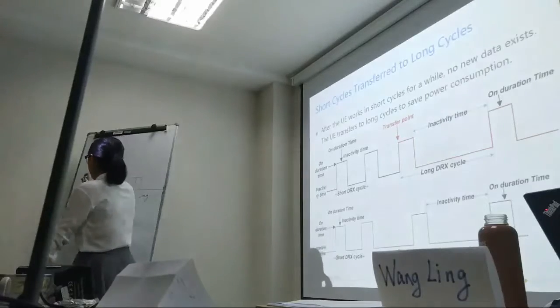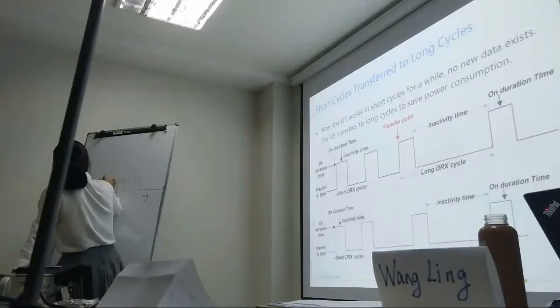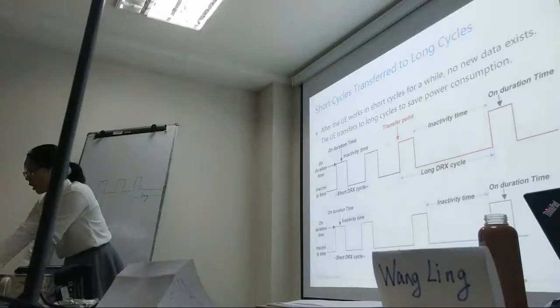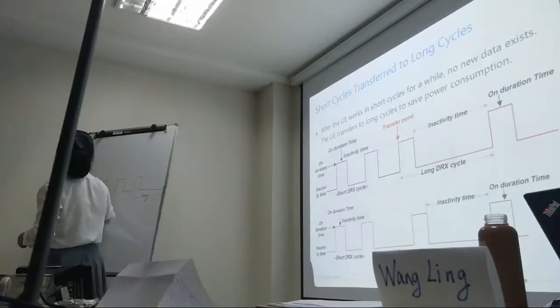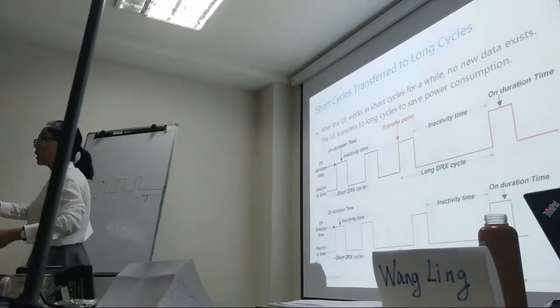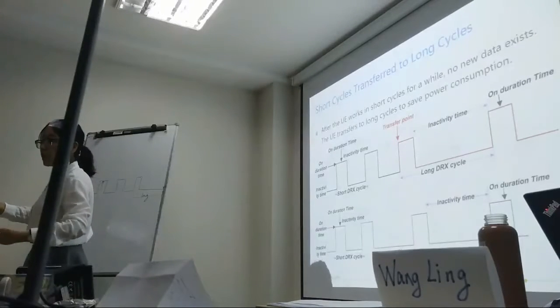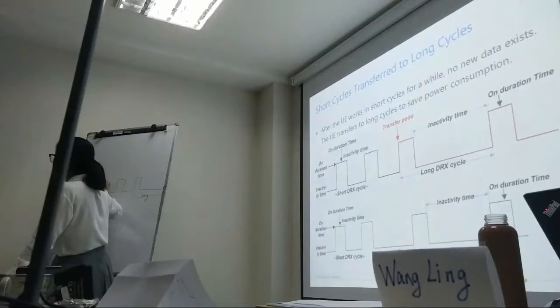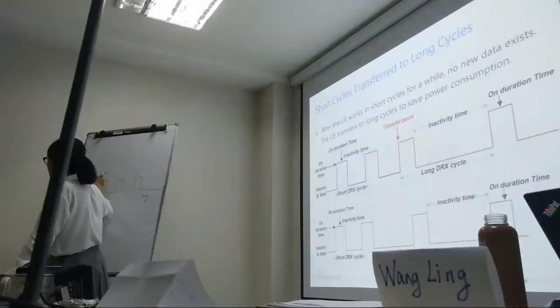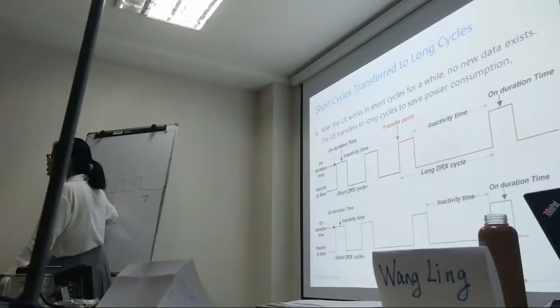So maybe when I monitor during the on duration time, at this point there is one piece of data for me, right? So I will read the data. I will go and receive the data. And after that, I will not continue this short cycle. I will change it like this. Okay, now I monitor it.